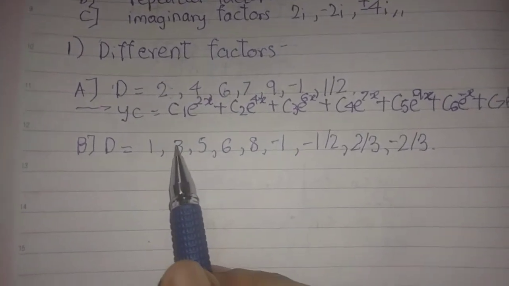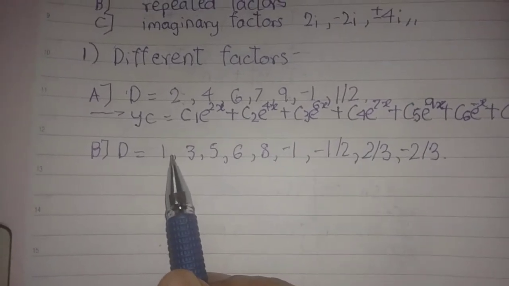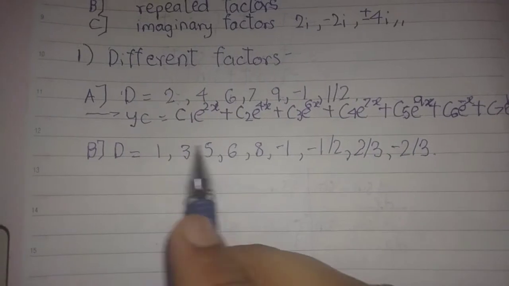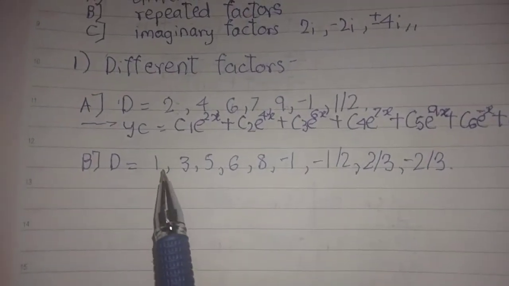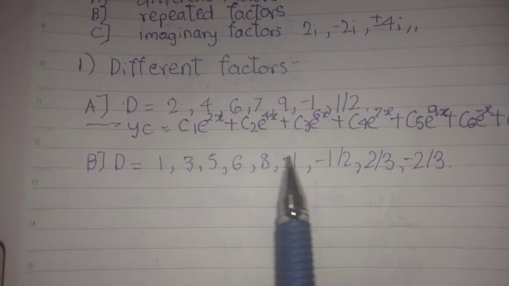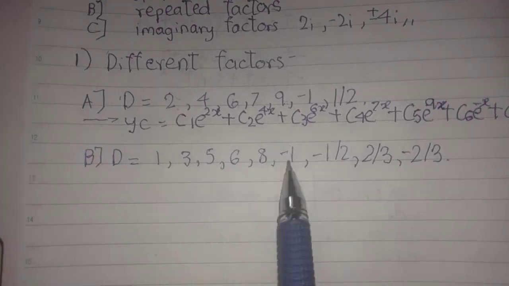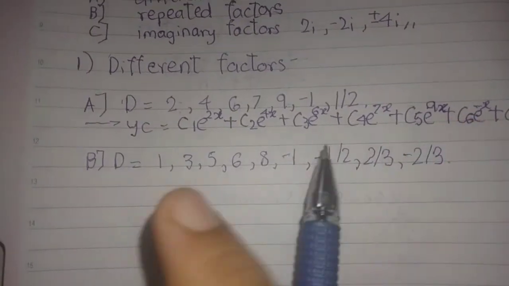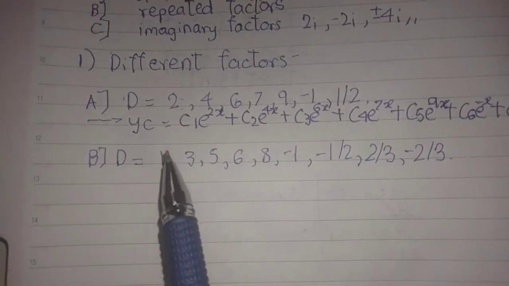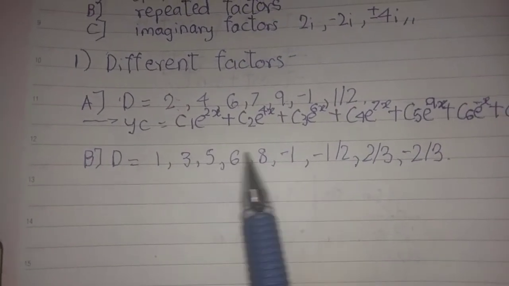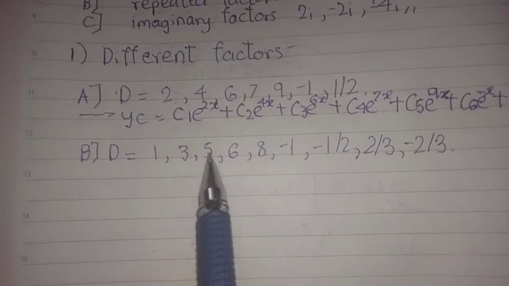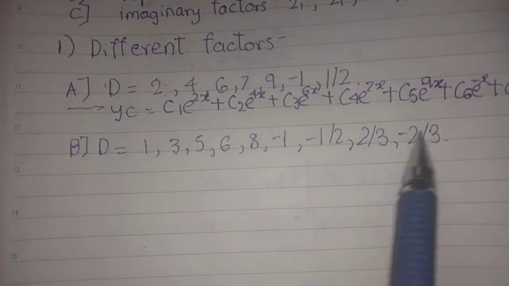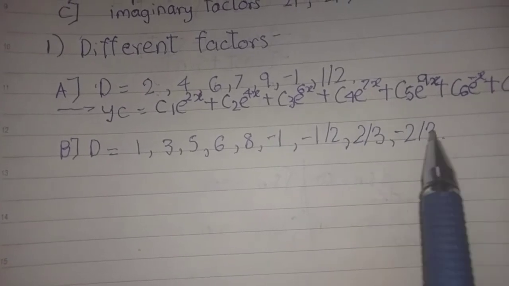Now if we look closely here, 1 and minus 1 are not identical. The signs are opposite to each other, so they don't come under the repeated factor. Also, 2 by 3 and minus 2 by 3, the numbers are the same, but the sign is different.